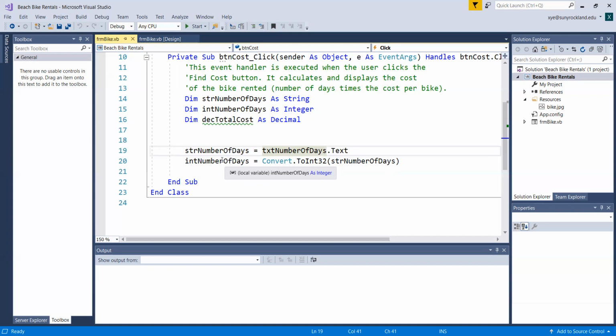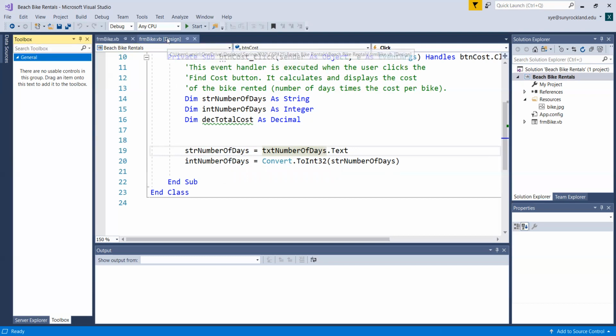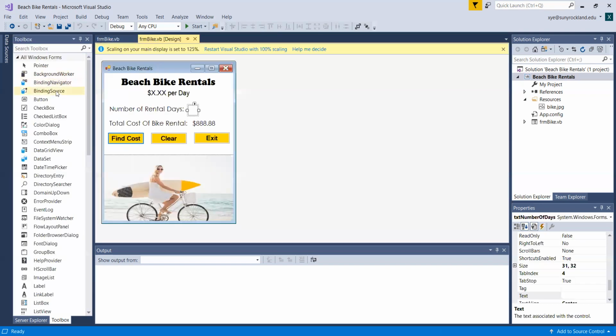Keep in mind, whatever you get in your object's text property, they are strings. When we talk about objects, all these objects in the toolbox can be labels, buttons, text boxes, and later on we can have all kinds.